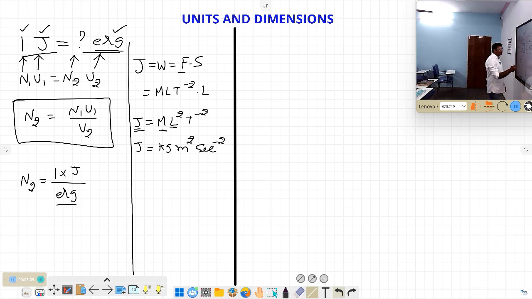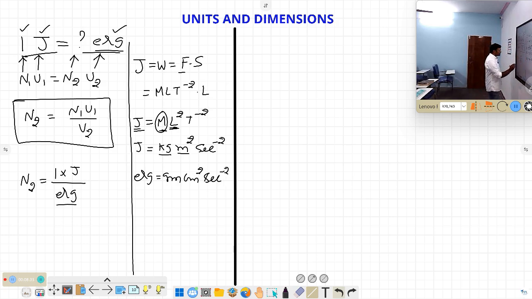Similarly erg is a CGS system unit. Joule is the SI system and erg is the CGS system, so we write the mass in terms of the CGS system. In the place of kg we write gram. In the place of length, which was meters in SI, in CGS you write centimeter square, and time is anyway second minus 2.